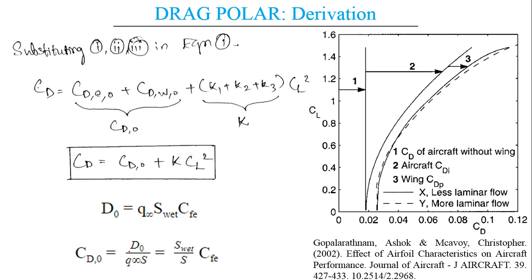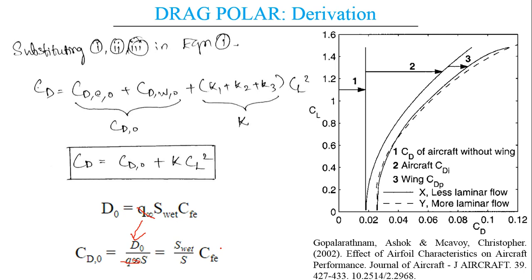Here in particular, when we consider the skin friction case, we know the value of D naught. When we substitute this value, we can see that Q infinity, the dynamic pressure term, gets cancelled out. We will be remaining with S wet, the wetted area, by the planform area S, times CF, which is the skin friction coefficient.